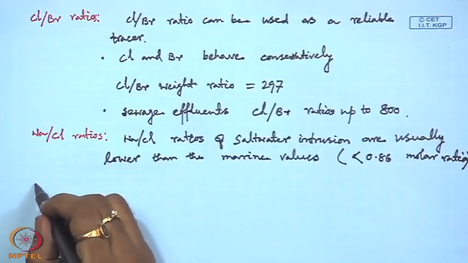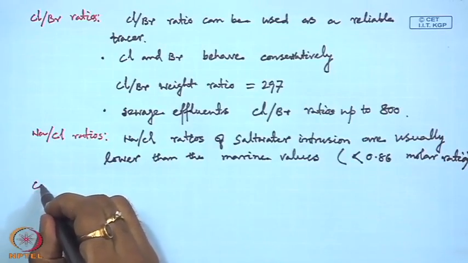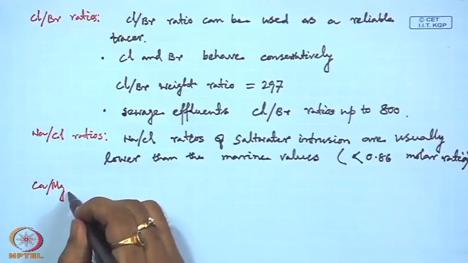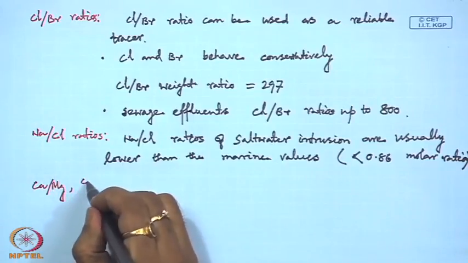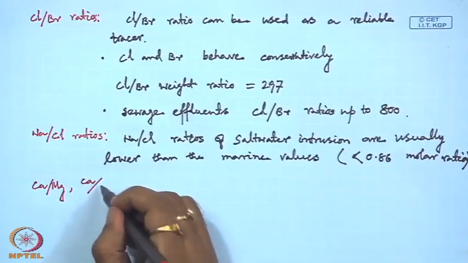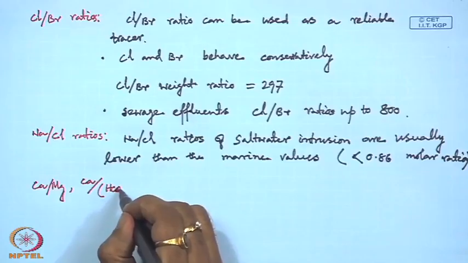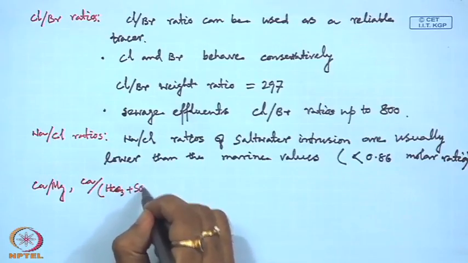The fourth parameter is calcium to magnesium, or you can have calcium to bicarbonate and sulfate.